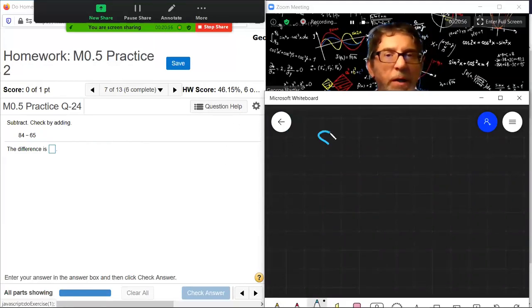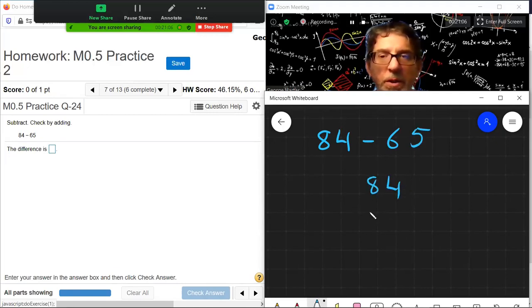Next problem, we got 84 minus 65. Put the 84 on top. Put the 65 on the bottom. Subtract. 4 minus 5, we cannot subtract. 4 is too small. So we got to borrow from the next digit.